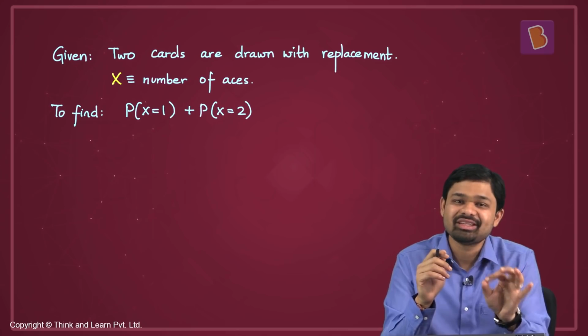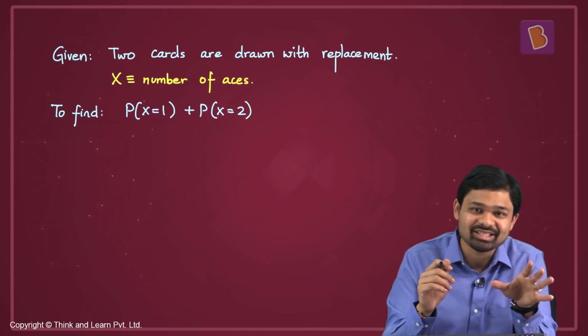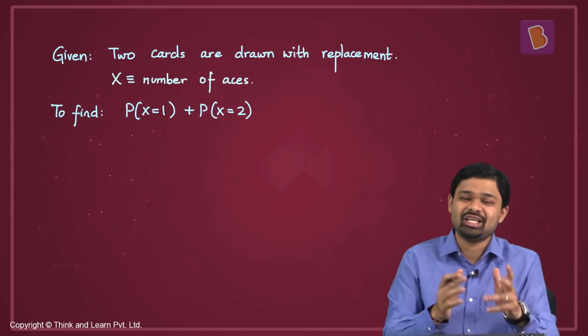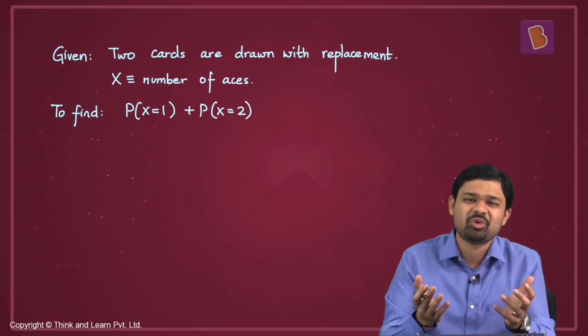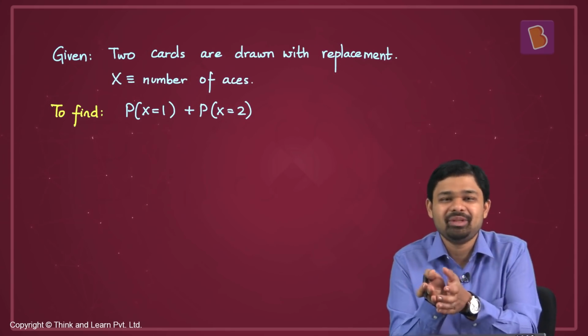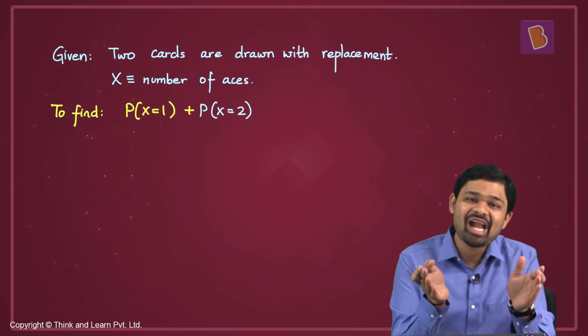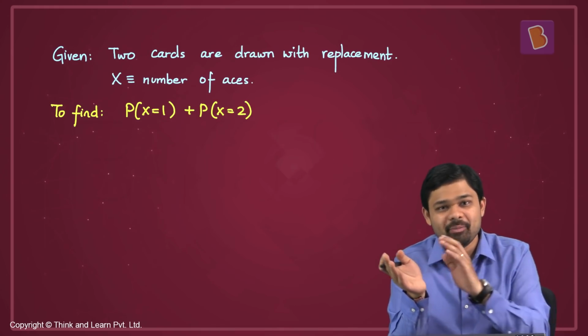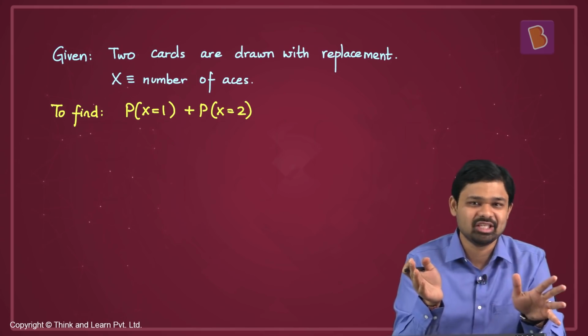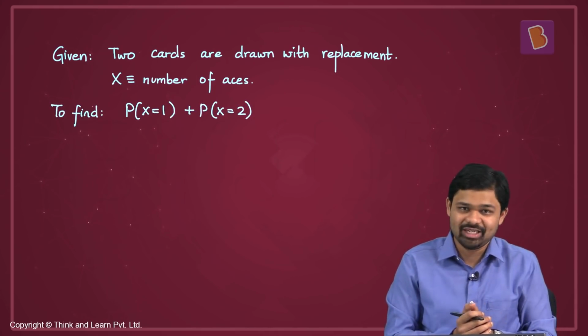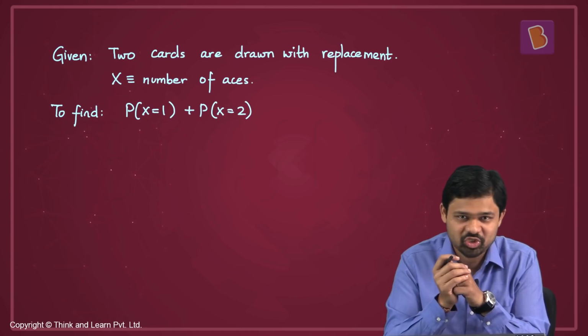X denotes the number of aces drawn when you draw these 2 cards with replacement. The objective of the question is very simple. Find out P of x is equal to 1 plus P of x is equal to 2. This is what we have to find out. So let's get into action and solve this question.